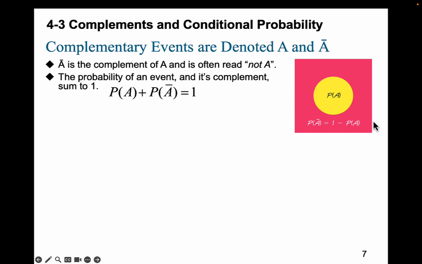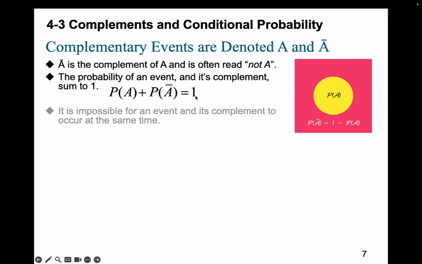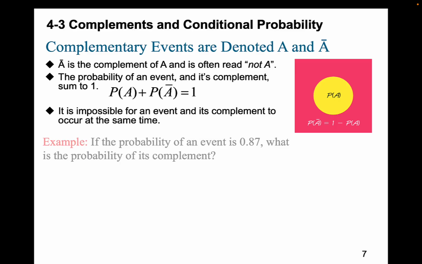And we know that 100% is the same as probability of 1. So the probability of event A occurring plus the probability of event A not occurring must equal 1. It is impossible for an event and its complement to occur at the same time.